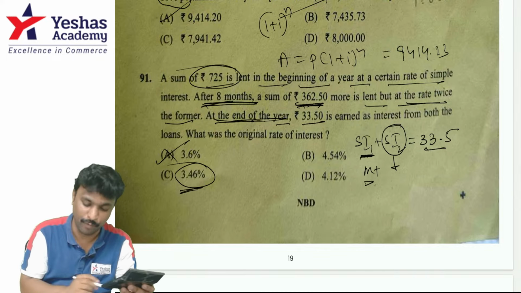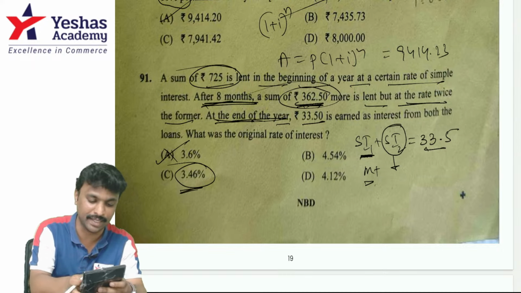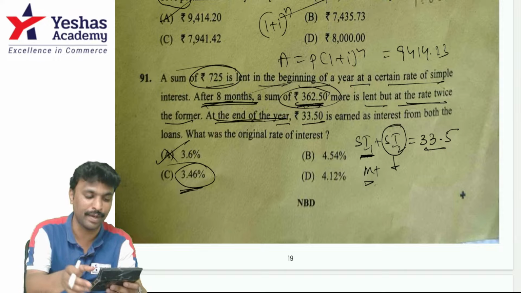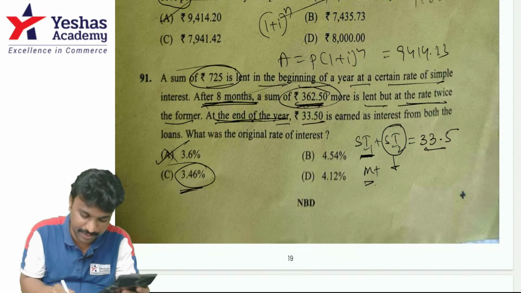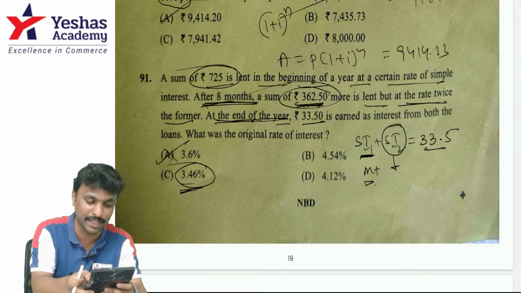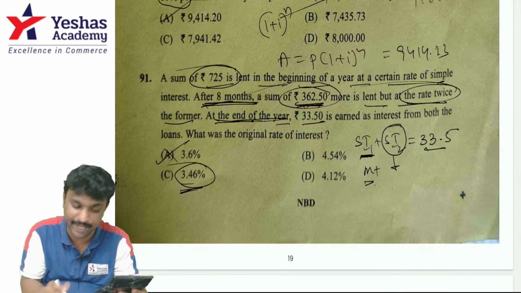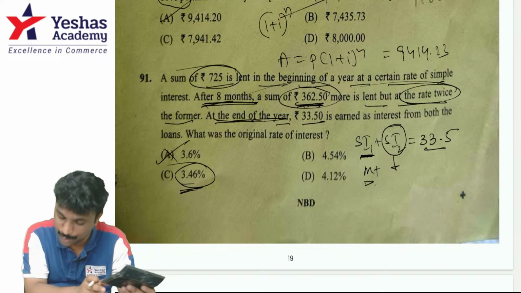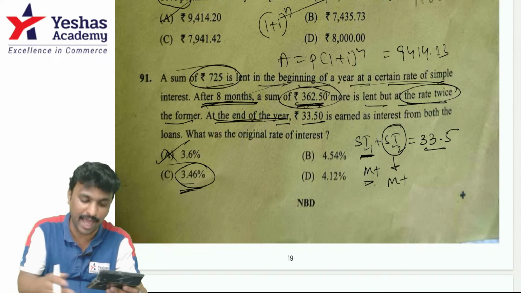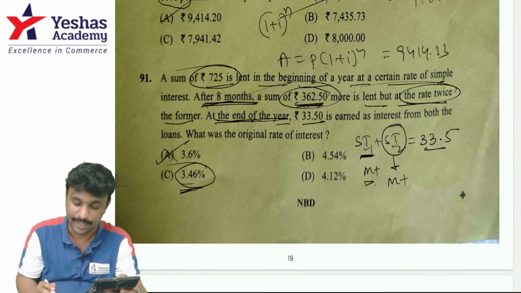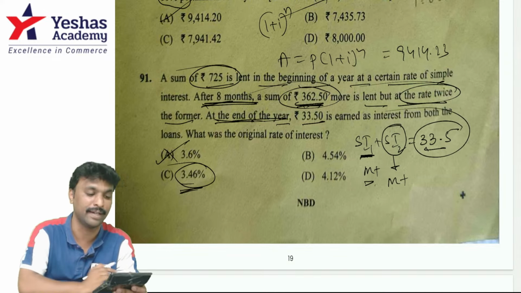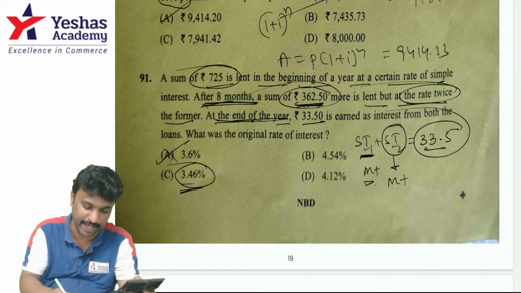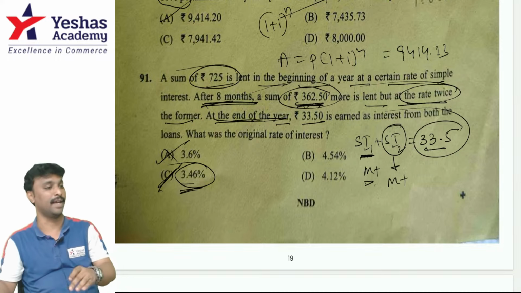Now SI2, what is P2? 362.5 into time is 4 months, so 4 divided by 12 I should do, into rate of interest is 3.46%, but it is twice, so I have to multiply 2 into 2. Then how do I store it? M plus then MRC. This will fetch me 33.446, which is approximately 33.5 only. So option C is the nearest answer.